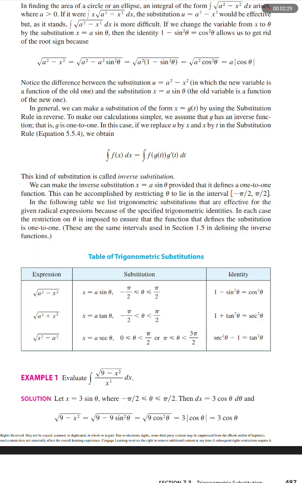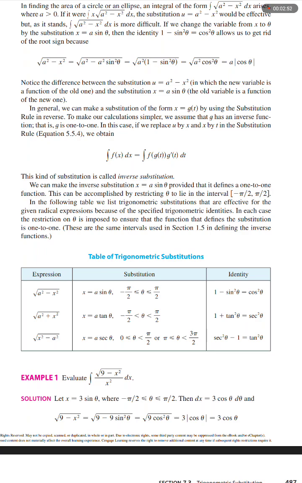In general, we can make a substitution of the form x equals g of t by using the substitution rule in reverse. To make our calculation simpler, we assume that g has an inverse function, that is, g is 1 to 1.